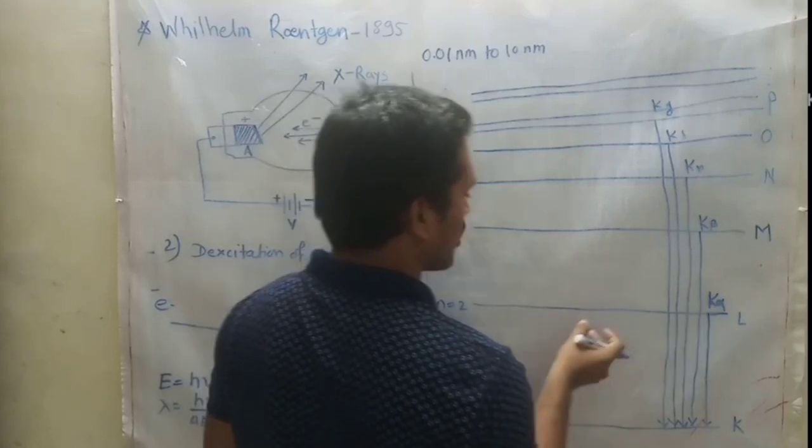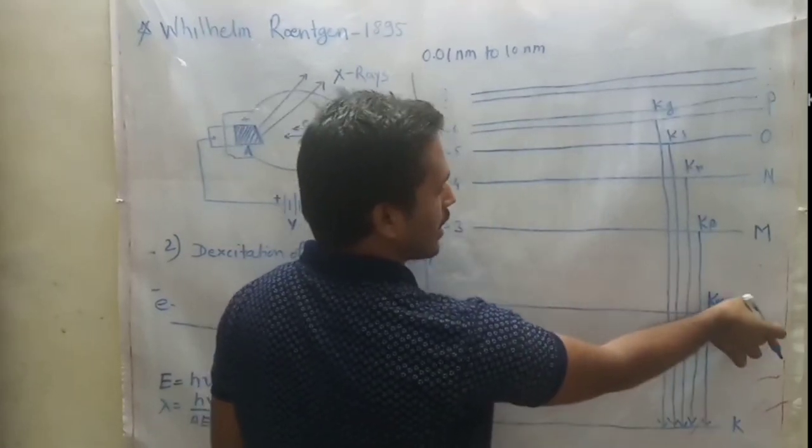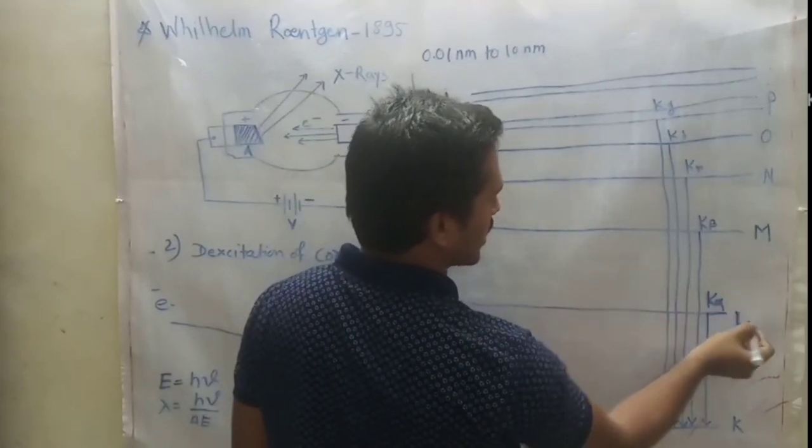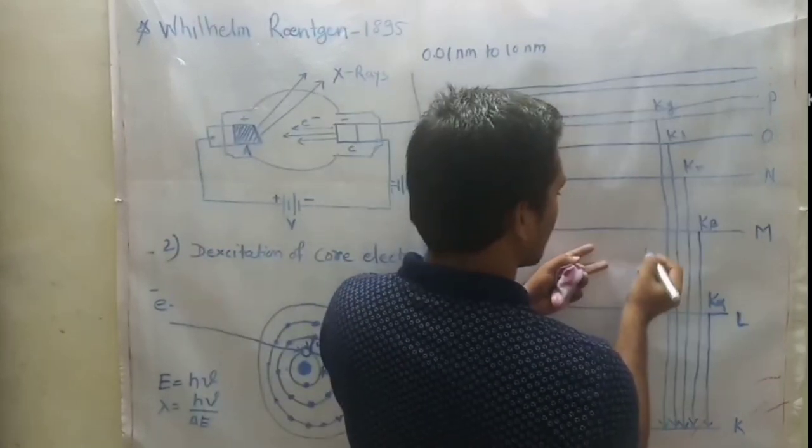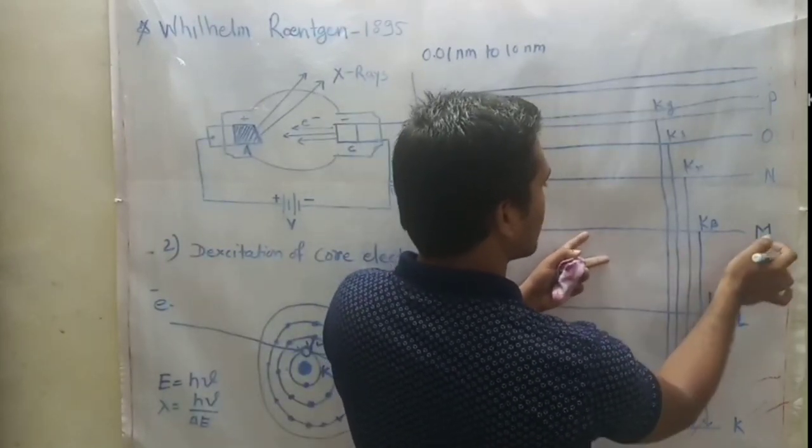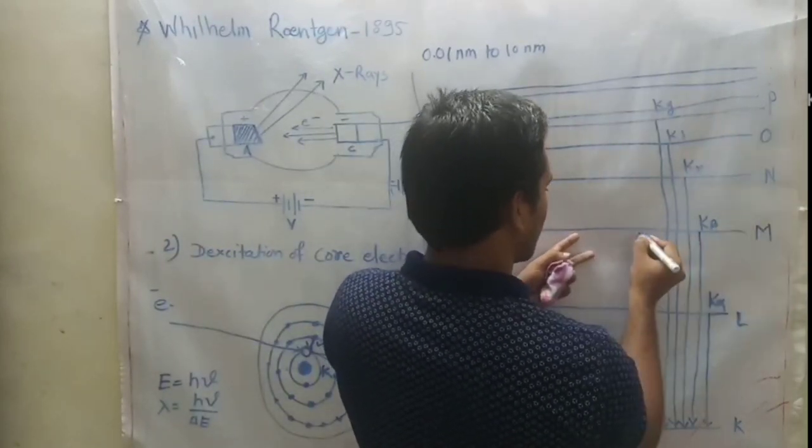Also, if the vacancy is created in the L shell, then there is also a transition to the L shell from M, N, O, P shells.